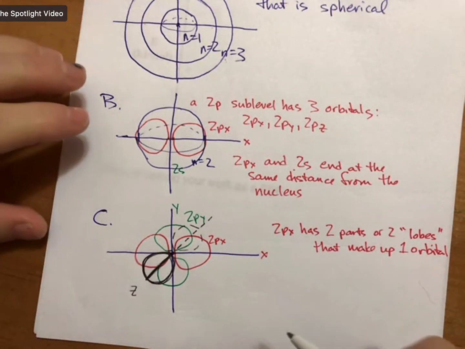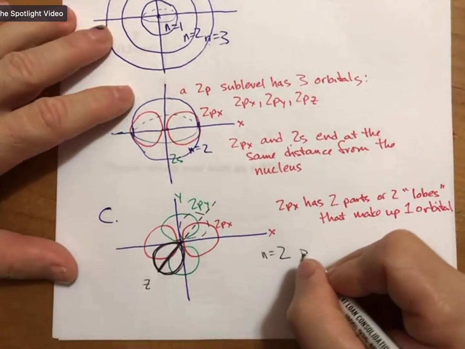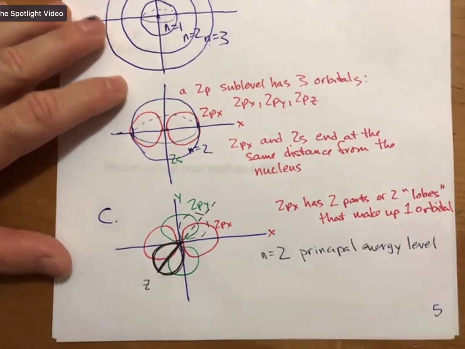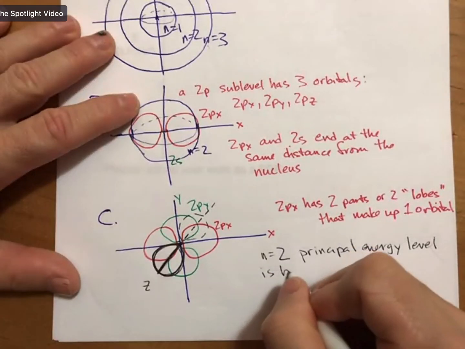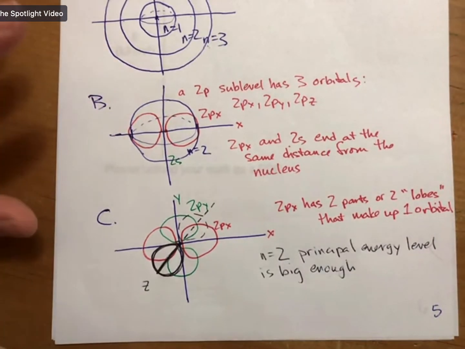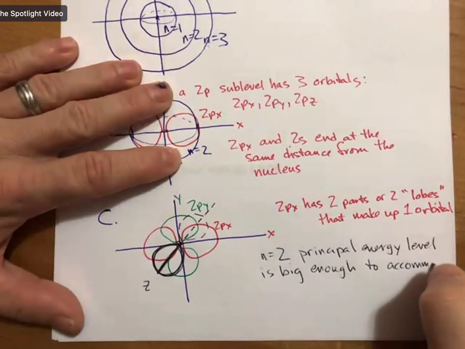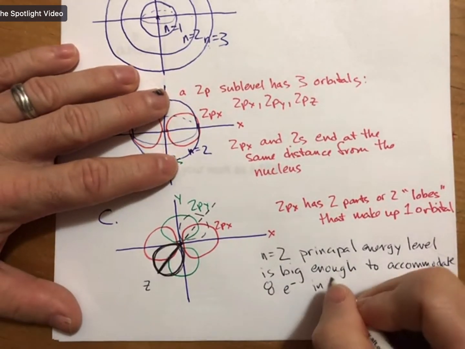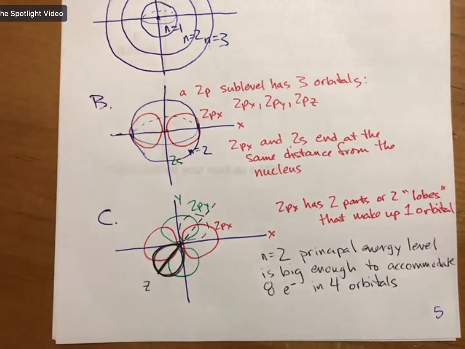What we can think of is that the n equals 2 principal energy level is big enough, because it's bigger than the n equals 1, to accommodate 8 electrons in 4 orbitals, and these are what the orbitals look like.